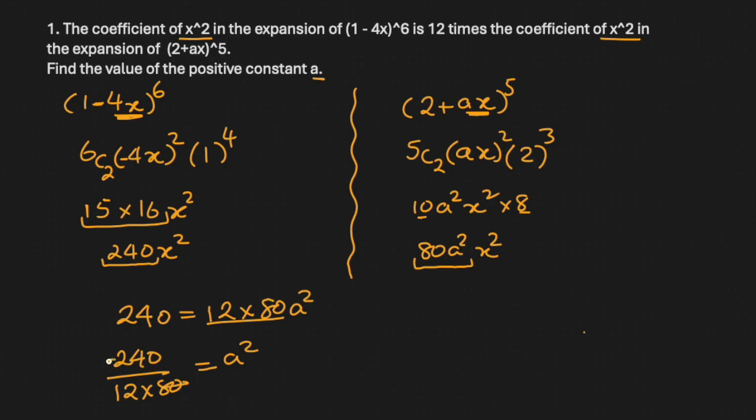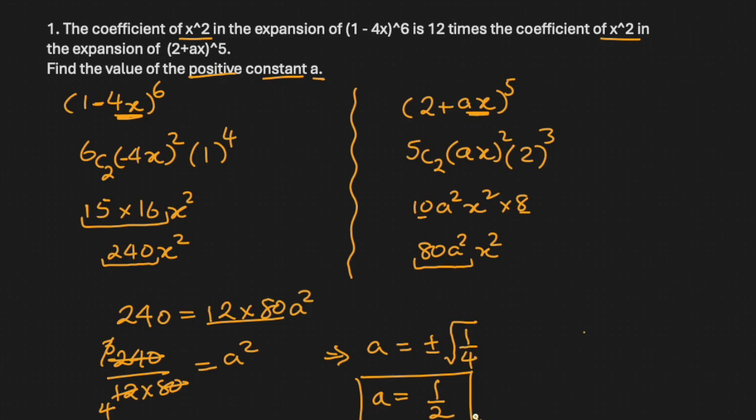So this is 3 and this cancels 4. So a square is 1/4, and that gives us a is plus minus the square root of 1/4, which is plus minus half, but I will write only the positive one. Why? Because they said positive constant a. So this will be the answer of question number 1.